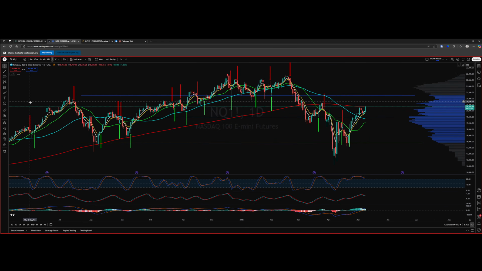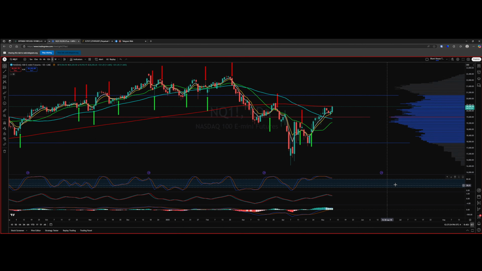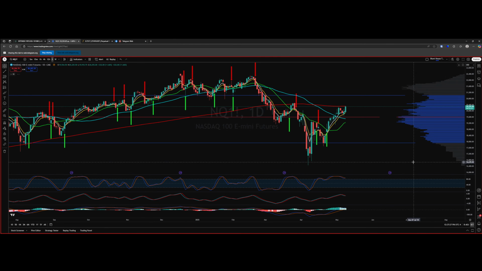It doesn't feel like a lot, but that's the level. Somewhere up in here. So if you get north of the 200, then you're going to challenge probably this neckline area or the upper value range for the point of control. But it's a noisy chart, right, because of the volatility.